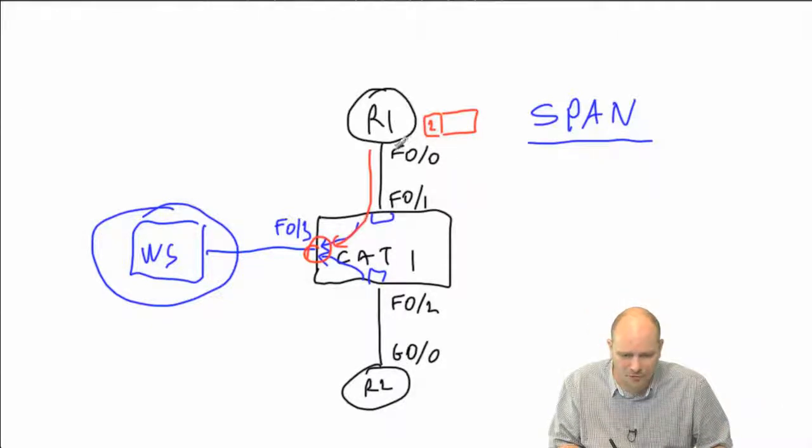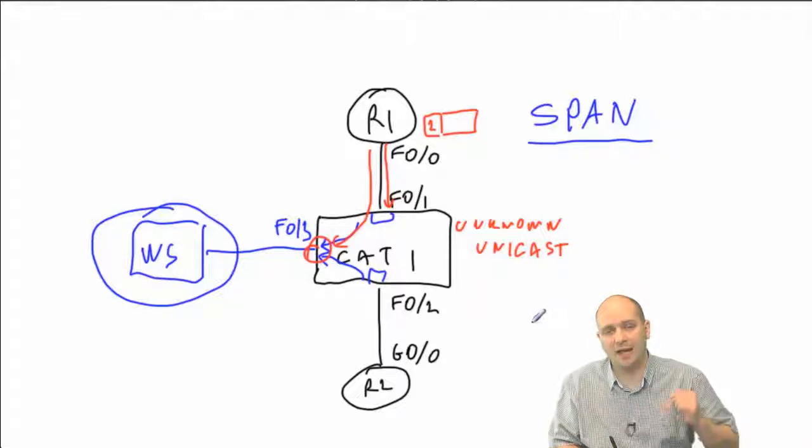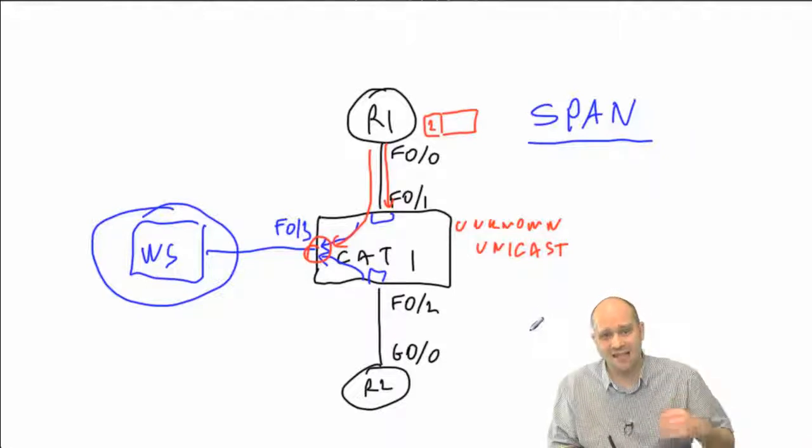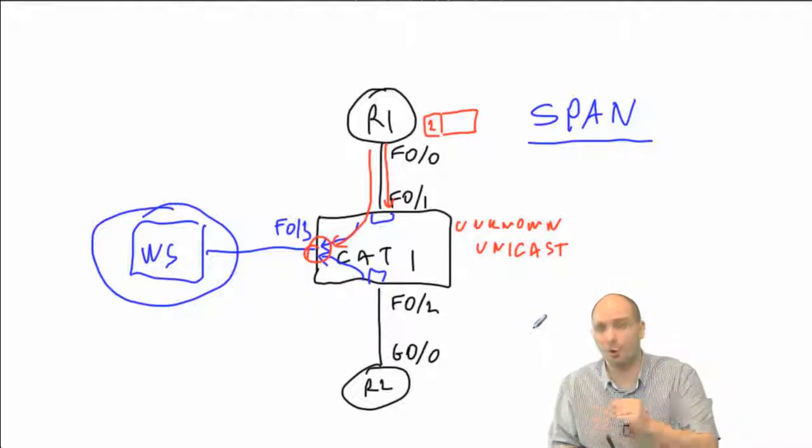So when this frame arrived on fast Ethernet 01, this was an unknown unicast frame as far as the switch was concerned. What is an unknown unicast? It's the frame that has a destination MAC address that is not known in the MAC address table by the switch.